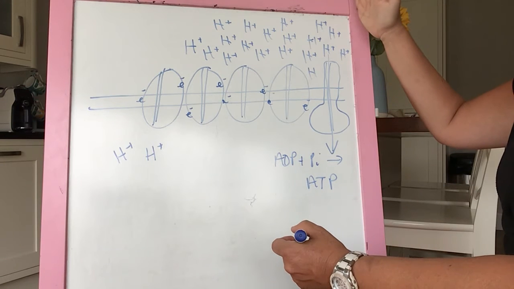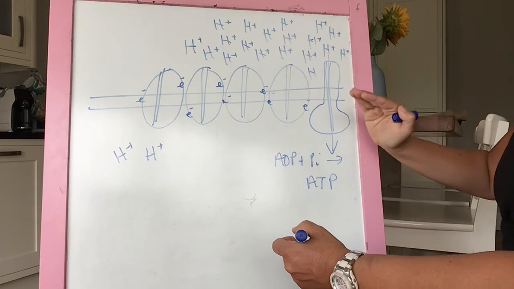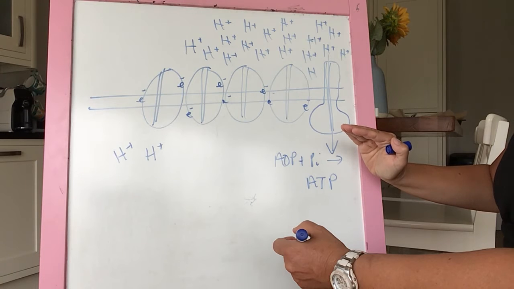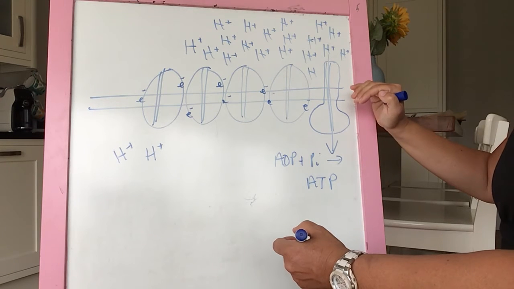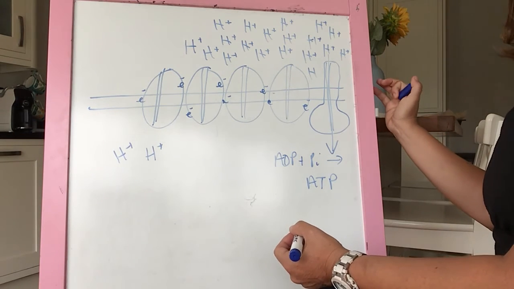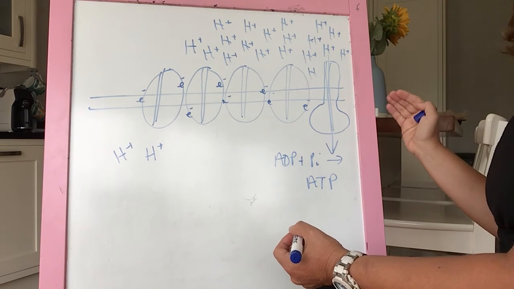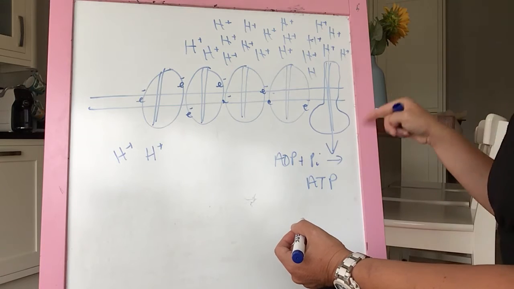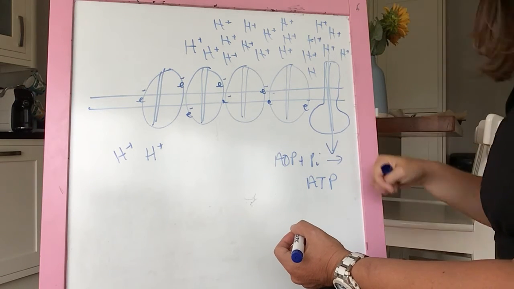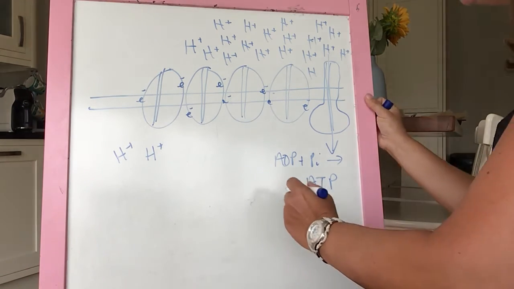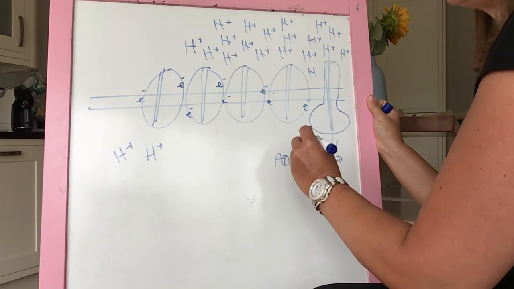And because it's moving from a high concentration to a low concentration through a membrane, it's a bit like osmosis, isn't it? But it's going down a chemical gradient. So that is why this part, where the hydrogen plus ions go through the ATP synthase, is known as chemiosmosis.